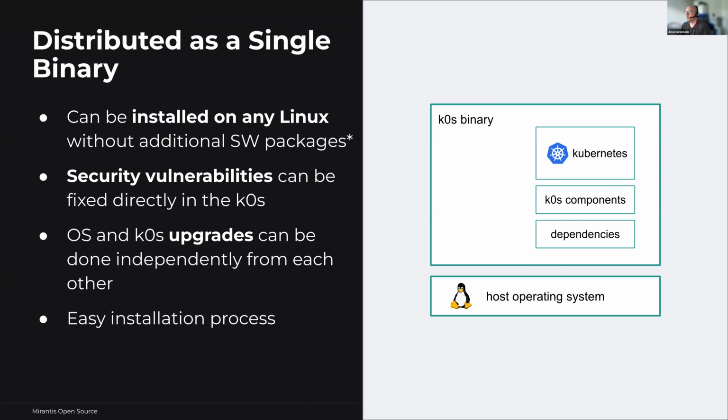So we package the K0s binary more like a self-extracting binary. We embed other binaries into the single Golang binary, and it was actually as easy as just concatenating the files into the end of the file.